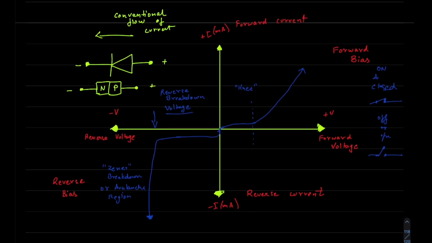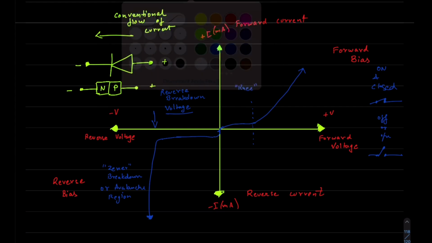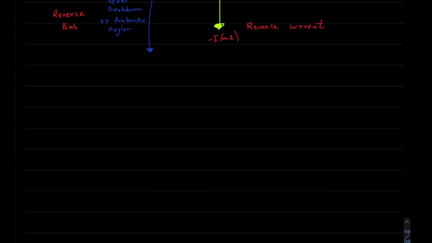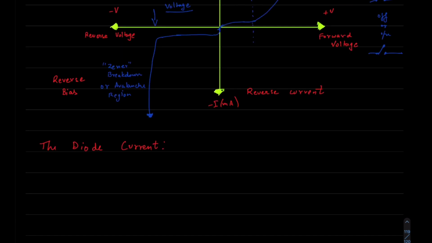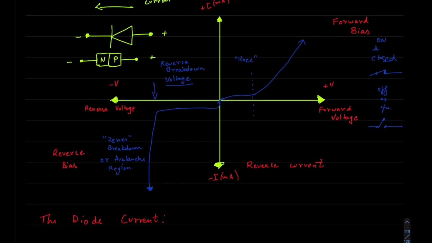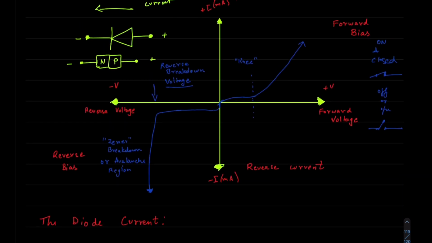So now we'll move on to the diode current. Very important part. The current flowing through the diode is not a straight line, so our device is not following Ohm's law.